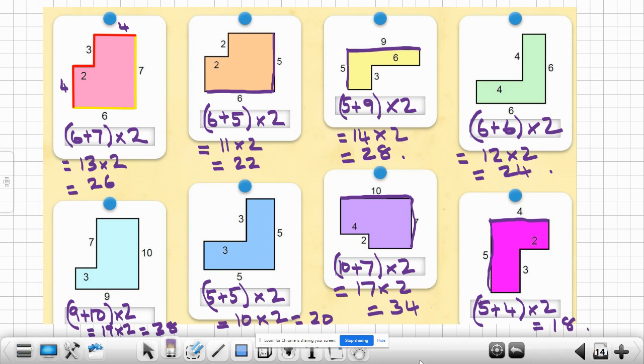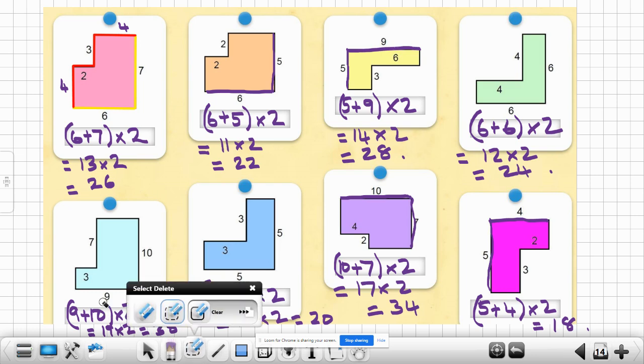So that's it. So that's a very quick way to find the perimeter of those shapes. And if you're not convinced, then you can just add up each side. So you could just follow the lines, add up each side just to double check. And once you feel confident, use the quick method. Okay, good. So that is perimeter.